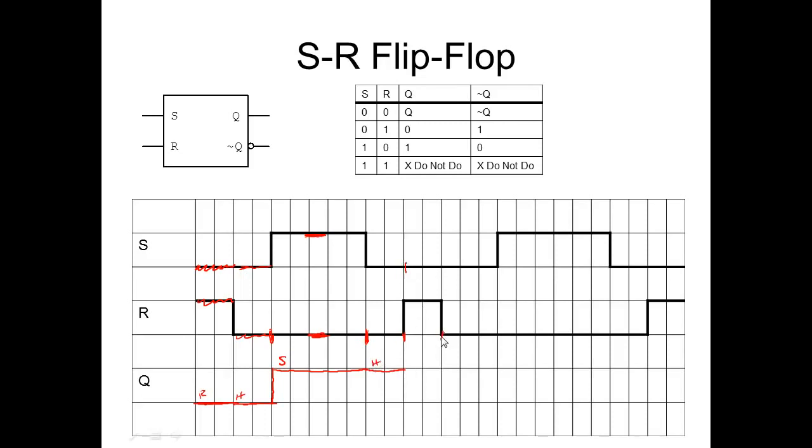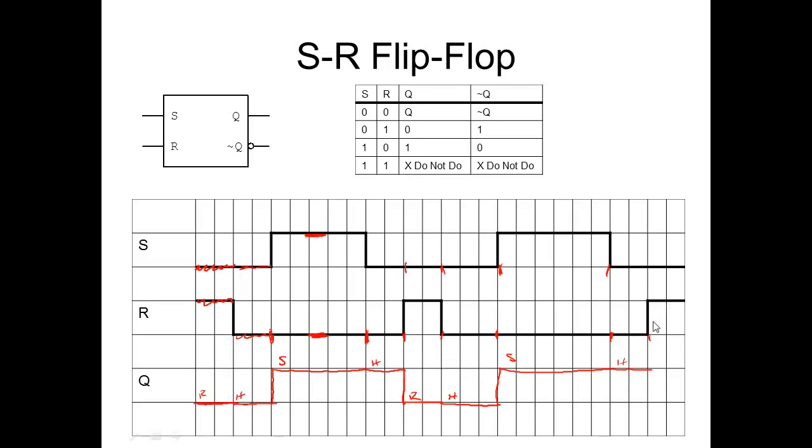From here to here, we've got a low on set, high on reset, so we're going to reset the flip-flop. And then from there to there, we've got two lows, so it's going to hold. And from here to here, we have a high on set, low on reset, so we're going to set the flip-flop. From here to here, we've got two lows, so it's going to hold.